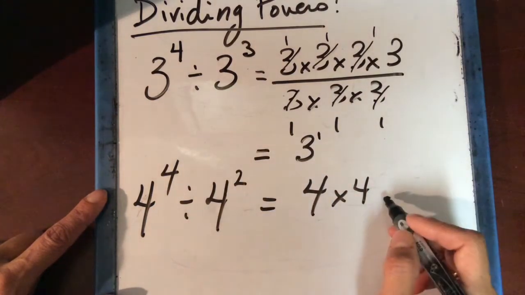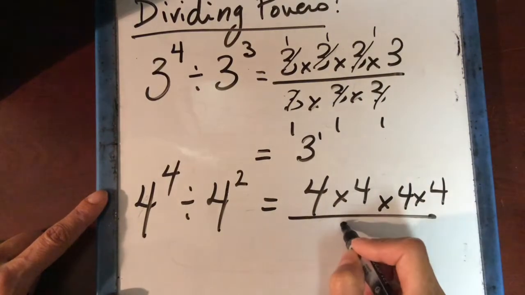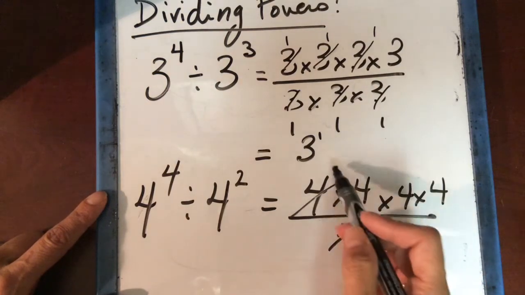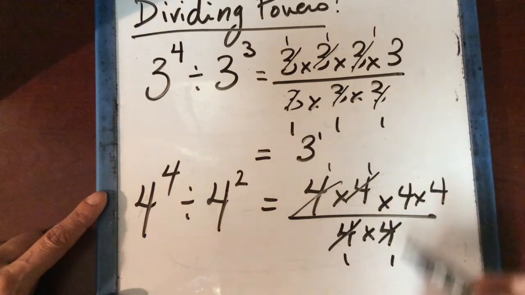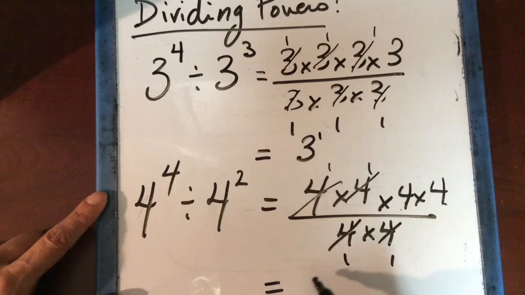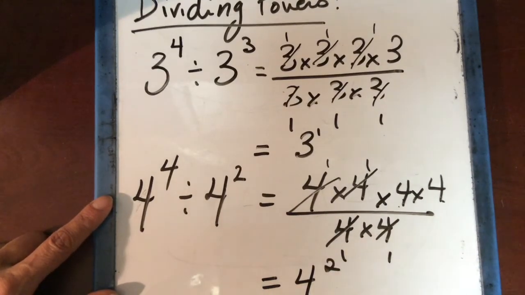And so that's 4 times 4 times 4 times 4 over 4 times 4. And again, I can cancel these out because they're divisible. They divide into each other by 1. And then how many am I left with? 2 of them. Instead of writing 4 times 4, I can write 4 to the exponent 2.